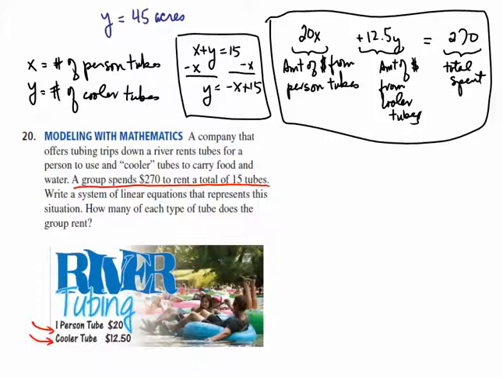Now we're ready to begin to substitute. So I have 20 times x plus 12.5 times negative x plus 15, and that has to equal 270. So I need to distribute here. I have 20x minus 12.5x, and then I have 12.5 times 15.